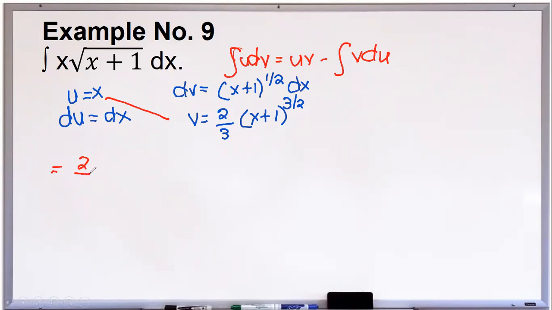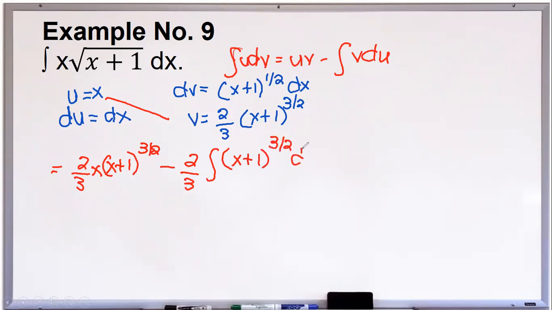So magiging 2/3 ito, x multiplied by x plus 1 raised to 3 over 2 minus 2/3, labas na natin yung constant, integral of x plus 1 raised to 3 over 2 dx.